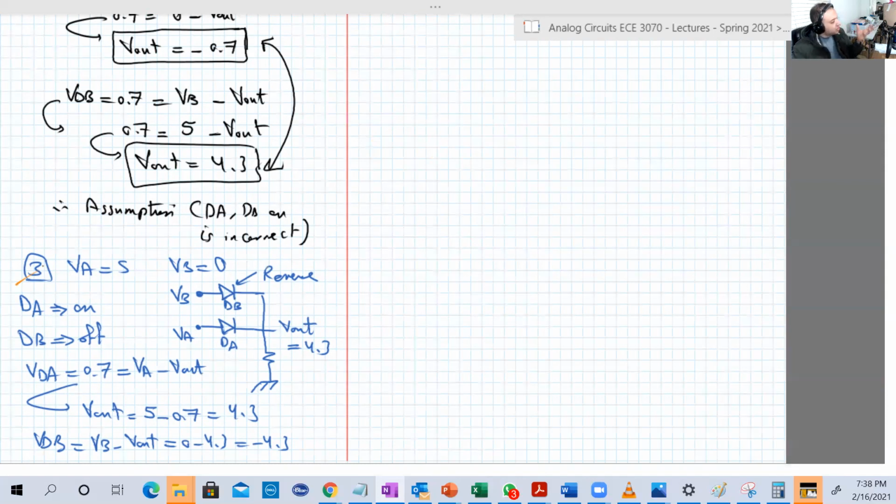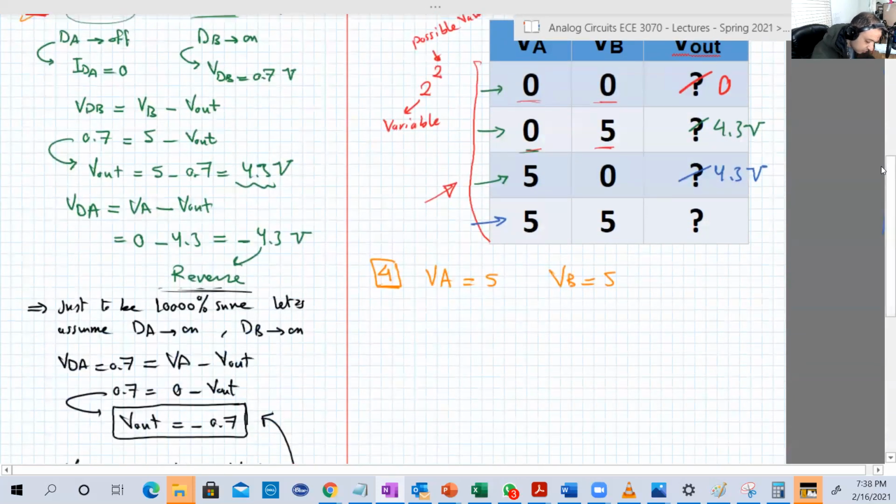So we notice from the first 3 cases that when you have a 5-volt input, the corresponding diode is forward and on. When you have a 0 as input, the corresponding diode is off. So let's write this notice here because we're gonna use it.